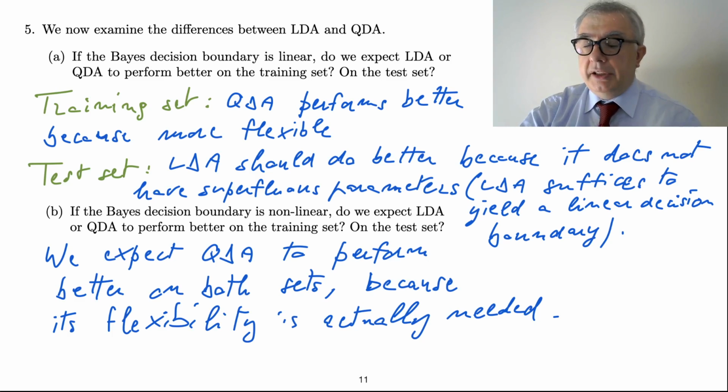The decision boundary that we will find by LDA is linear. Therefore, in general, I would expect QDA to perform better on both sets because LDA cannot follow the decision boundary. In this case, I really need the extra flexibility of QDA.